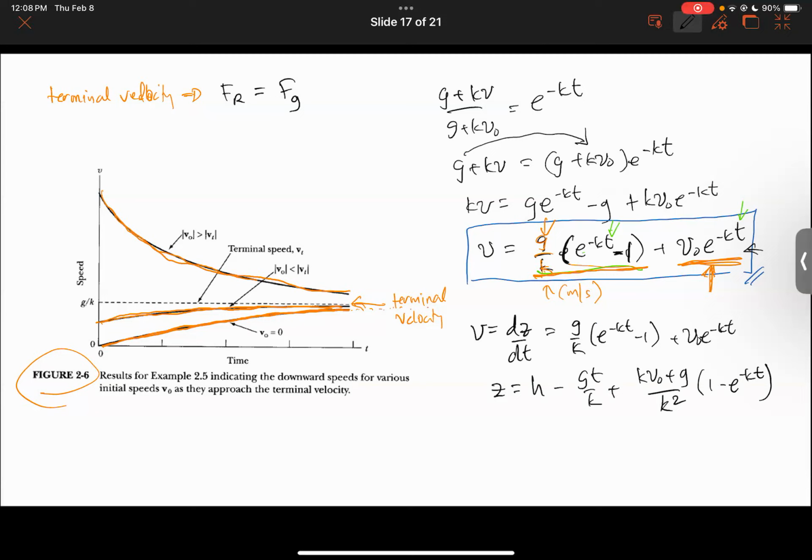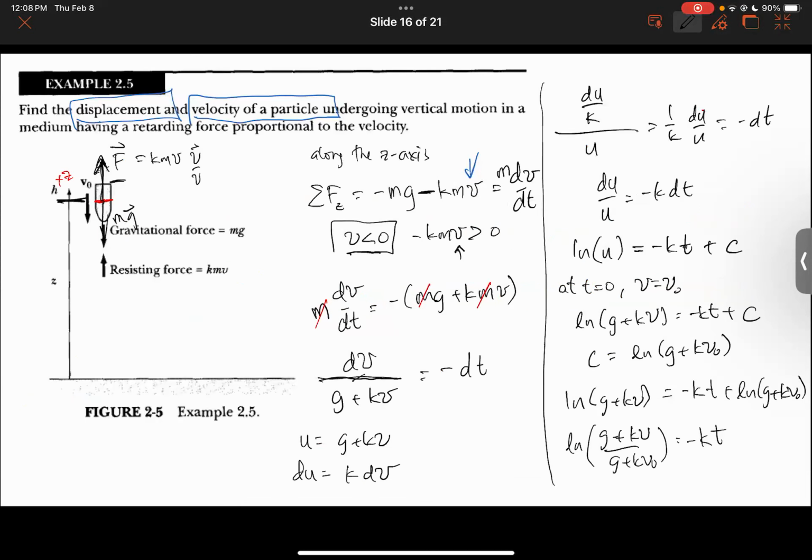Kung saan yung boundary conditions niya, initial conditions niya is at t equals 0, yung z is equal to h. So, in other words, nag-start siya dito. So z is equal to h at t equals 0. Ito yung t equals 0 na position, and then nalalaglag siya.